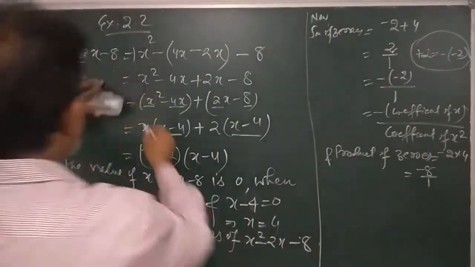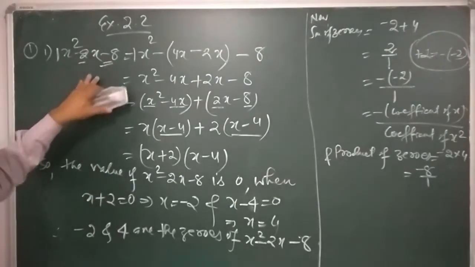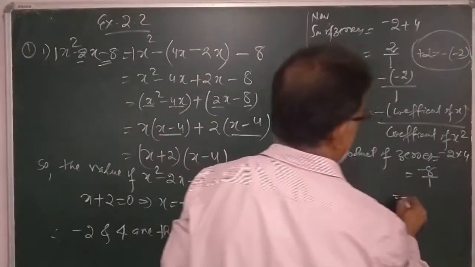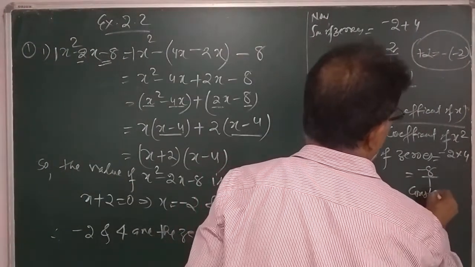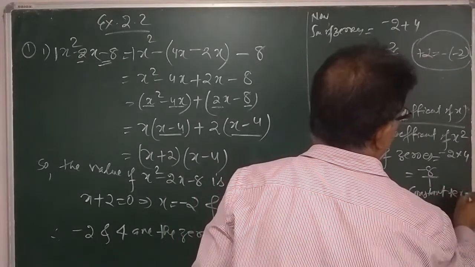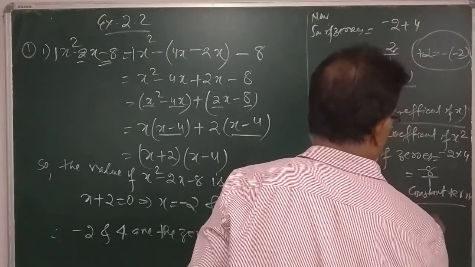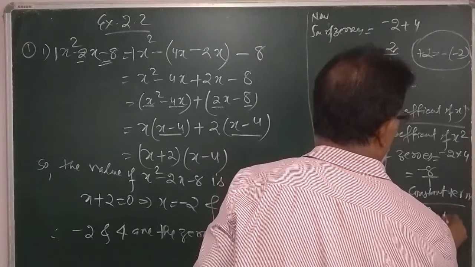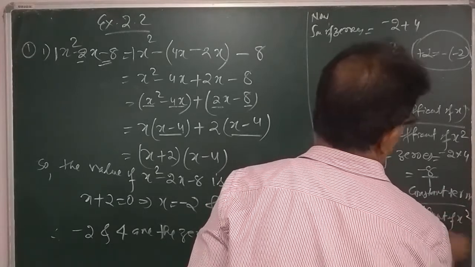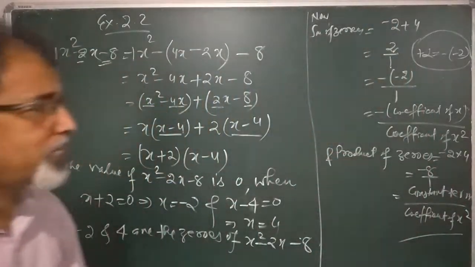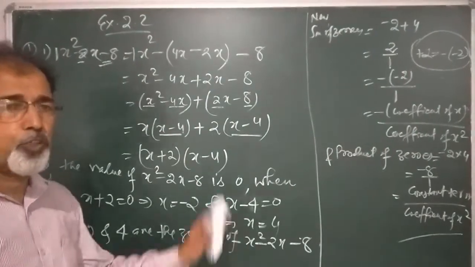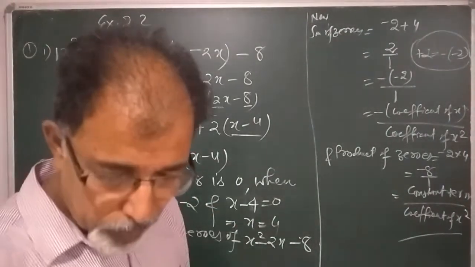Here minus 8 is the constant term. We will write here constant term by coefficient of x square. These are the relations between zeros and the coefficients.